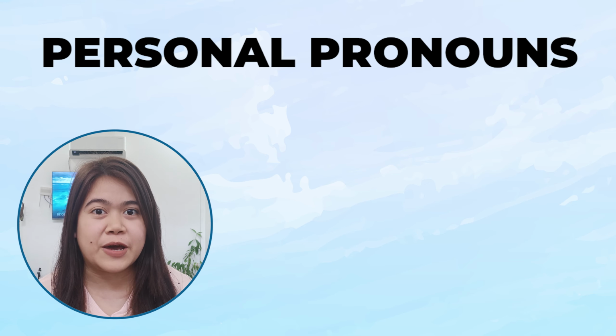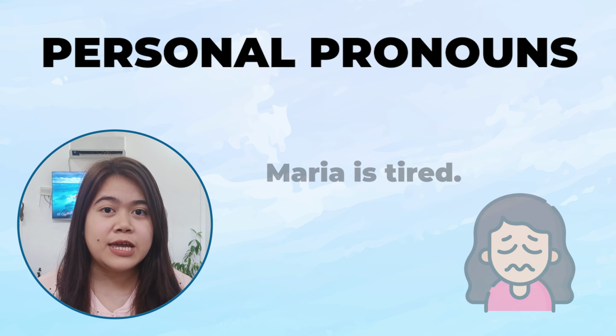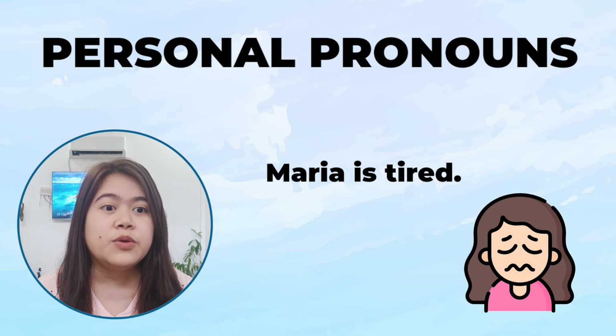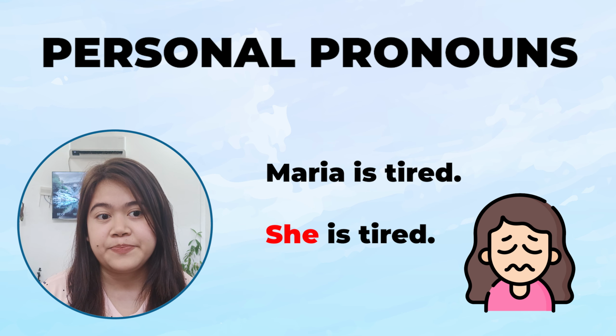Let's keep going. Let's look at some short words we use instead of names. These are called personal pronouns. For example, instead of saying Maria is tired, we can say she is tired.